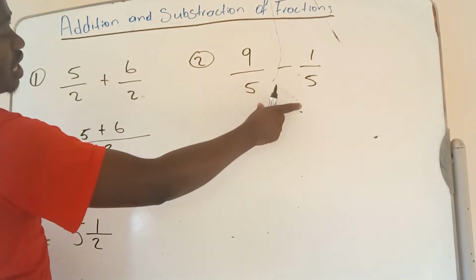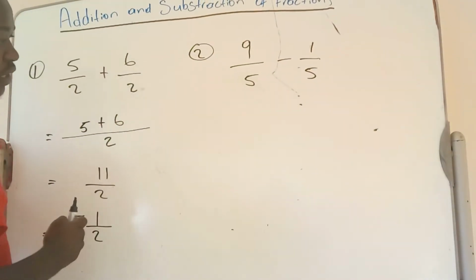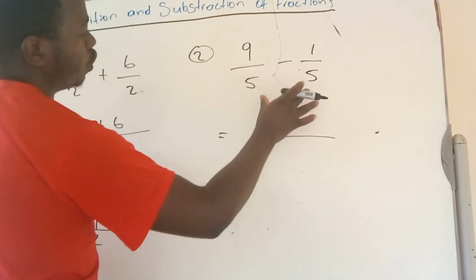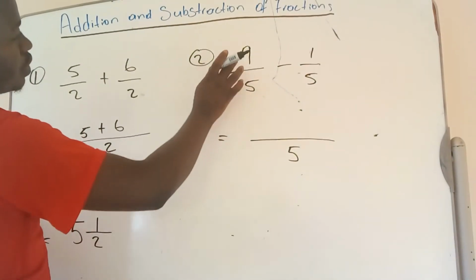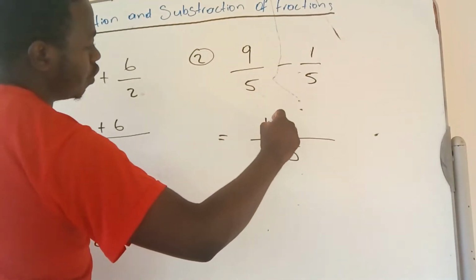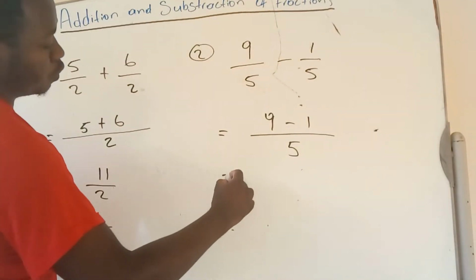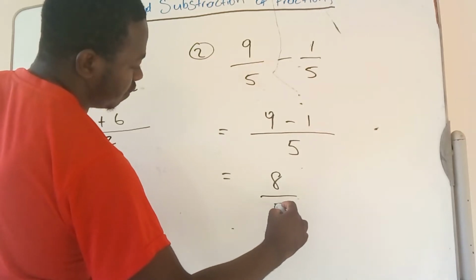Because they are from the same family, we can just go ahead and subtract the numerators. So the first thing you are going to do is to draw a line. You keep the denominator, which is 5, and you just simply subtract the numerator. So it is now 9 minus 1. 9 minus 1 will give us 8 all over 5.